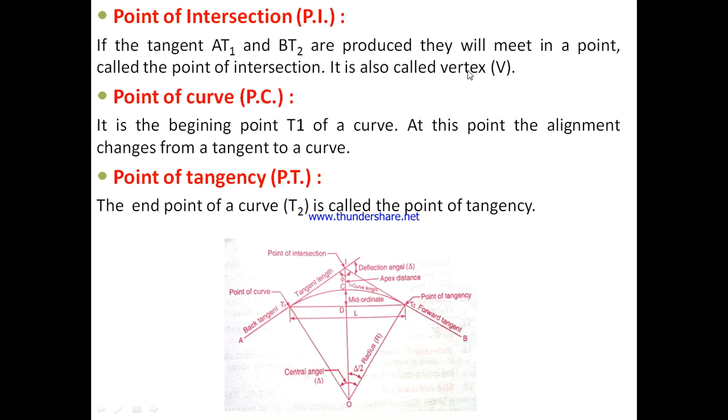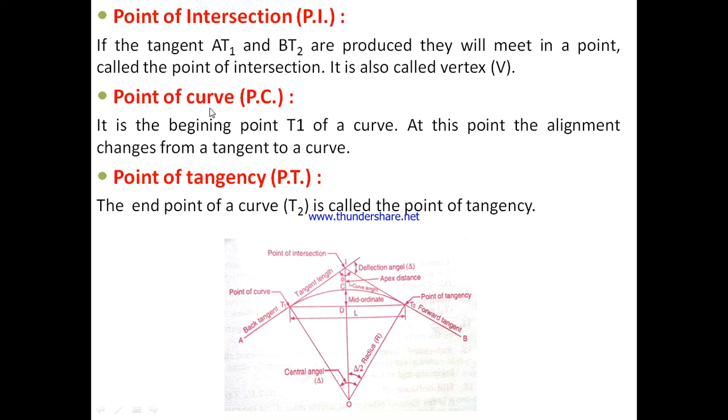It is also called as vertex V. So this is the point of intersection PI, or we can call it V also. So AT1 and BT2 are produced, which is extended, and they will meet at a point called the point of intersection.